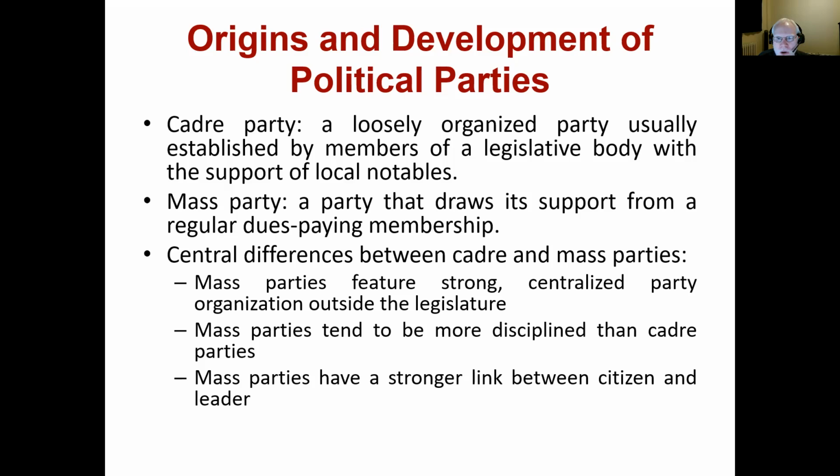So heads of party, administrators for the party, managers for the party. They tend to be more disciplined in terms of how they vote within the legislature, and tend to have a stronger link between the citizen and the leader.